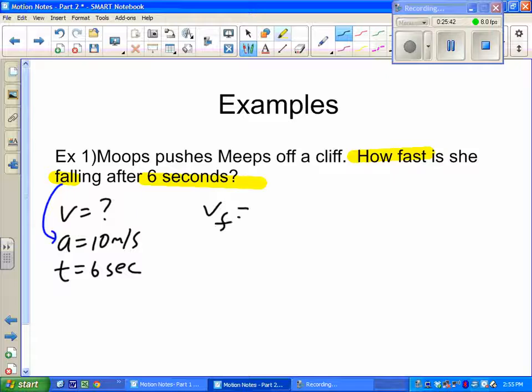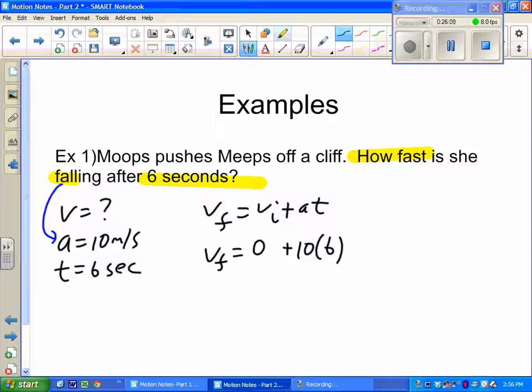So I'm going to use this equation for how fast. A is 10, T is 6, and VI is actually going to be 0. The reason it's 0 is if you watched this scene in super slow motion, as soon as Meeps went off the edge of the cliff, it would look like she was not going down yet.